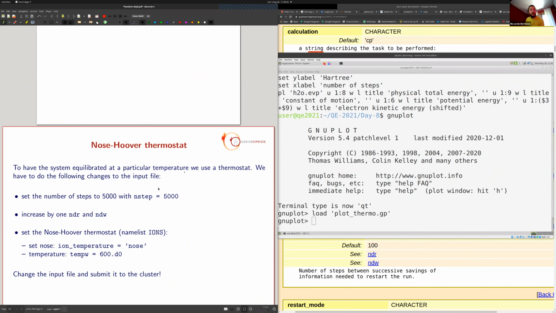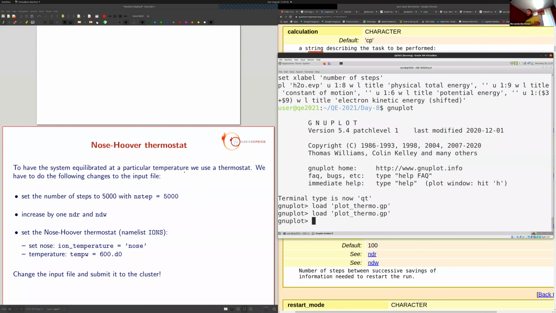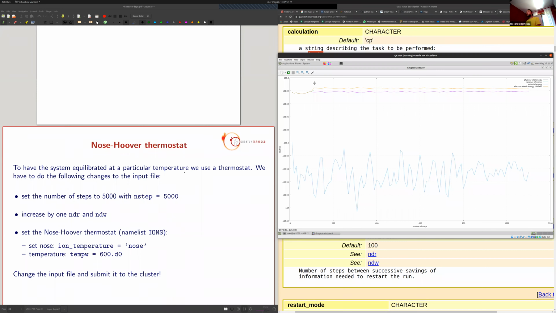How can we choose the electron mass? I told you before, you can start with an electron mass of 50 or something like that as an educated guess. Then you can check, first of all, that there is no transfer between the ionic degrees of freedom and the electronic degrees of freedom. That means that in the plot of the kinetic energy of the electrons, it remains more or less constant.